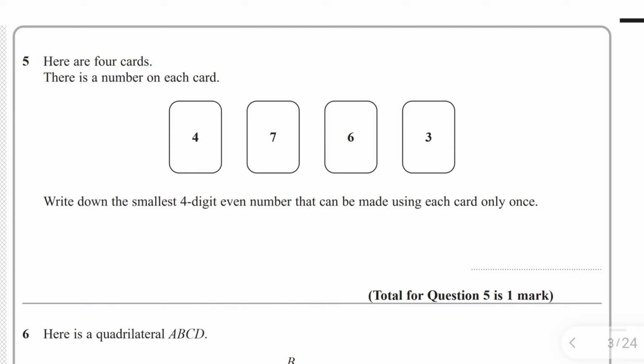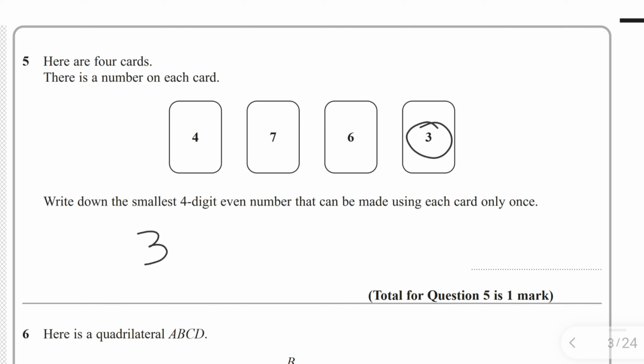Question 5. We have 4 cards with the numbers 4, 7, 6 and 3 on the cards. We are asked to write down the smallest 4-digit even number that can be made using each card only once. For the smallest 4-digit even number, we have to start with the smallest number. The smallest number here is 3. So I have 3.